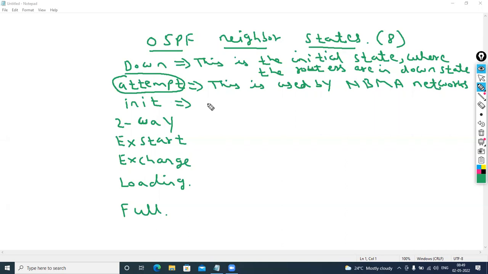In init state, a one-way hello is sent. In two-way, both the routers exchange hello.